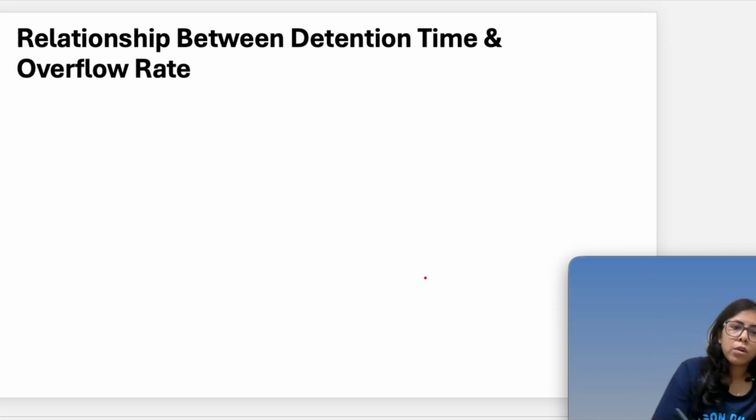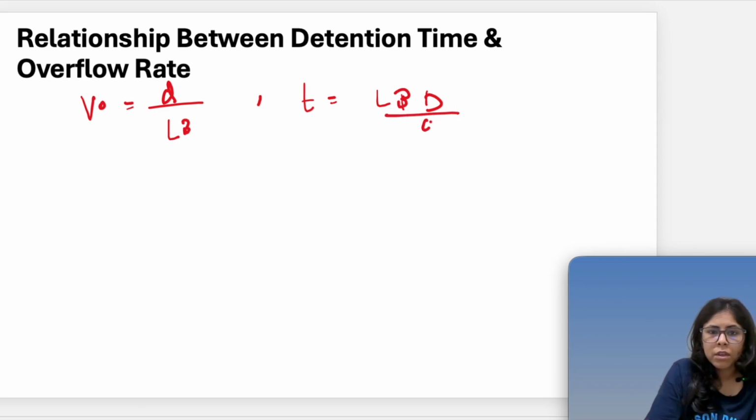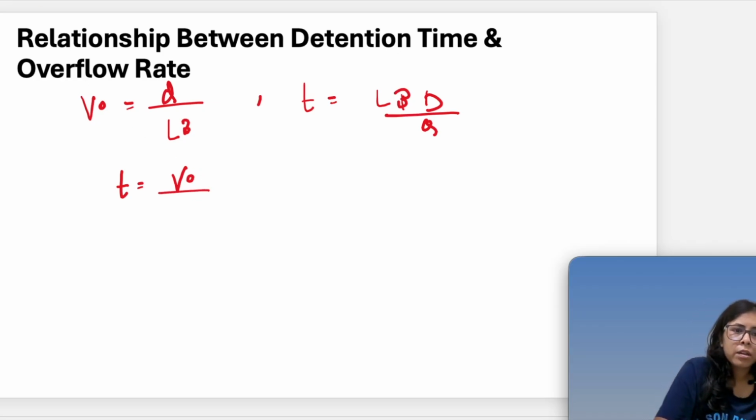You have overflow rate, which is V naught equal to Q upon L into B, and then you have detention time, which is L into B into D upon Q. So from these two relationships, I can say that T is nothing but D upon V naught.